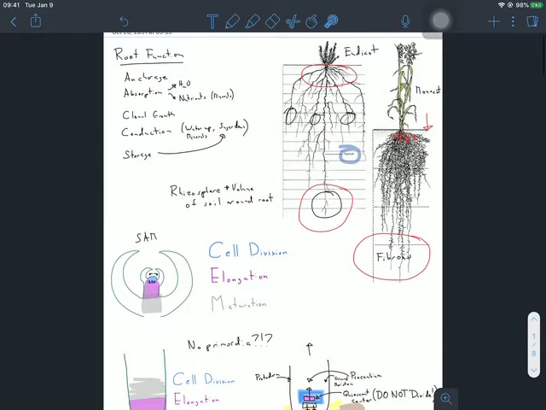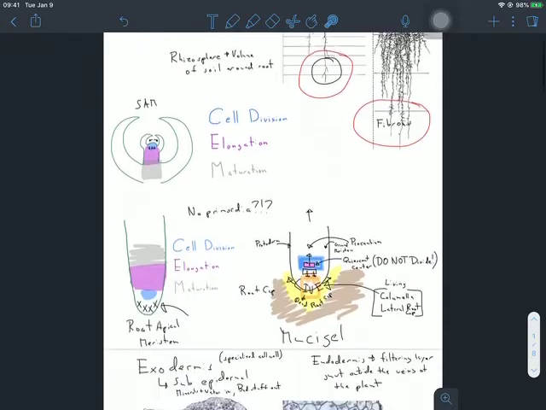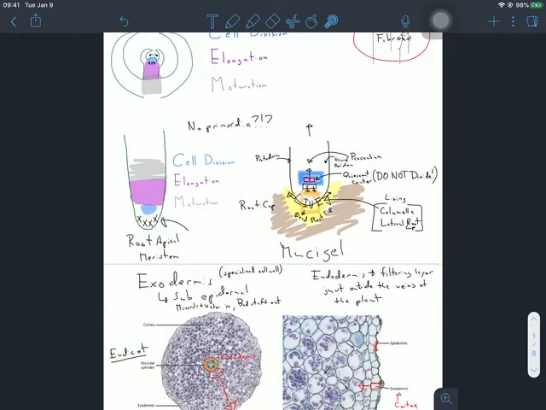The two major different architectures of roots, taproots and fibrous roots, taproots in our eudicots and our fibrous roots in our monocots. We have an understanding of the three regions and the one root cap of our plant roots, in particular now, the additional understanding of our mucigel.